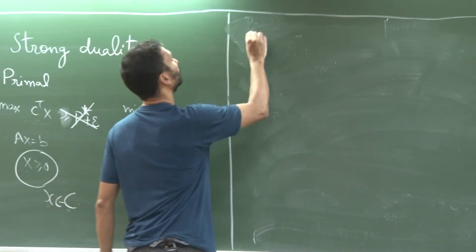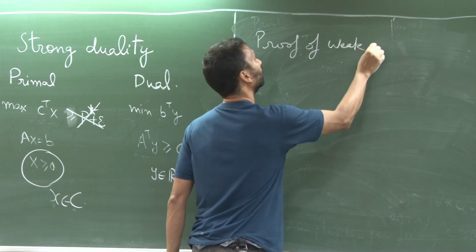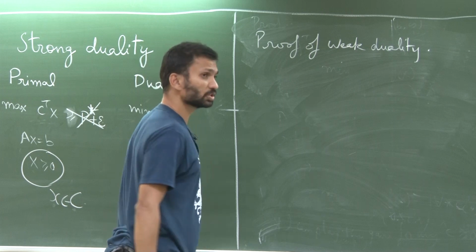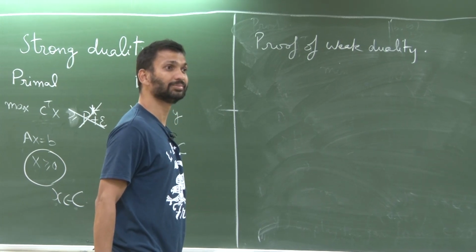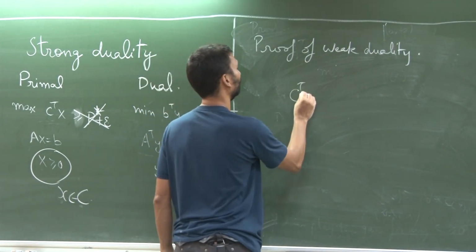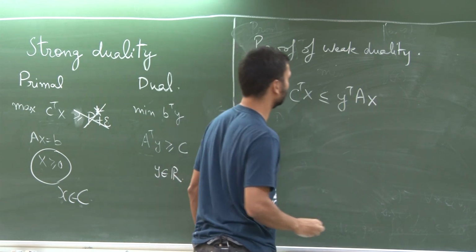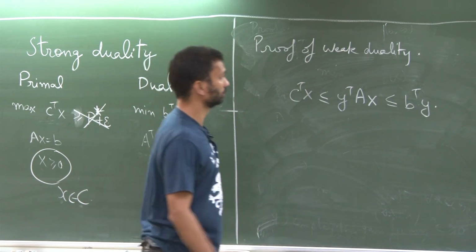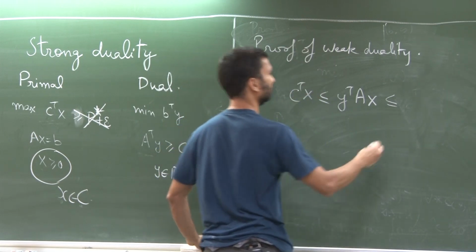So, what was the proof of weak duality? The meta inequalities, right? I think just to write it in the same order.